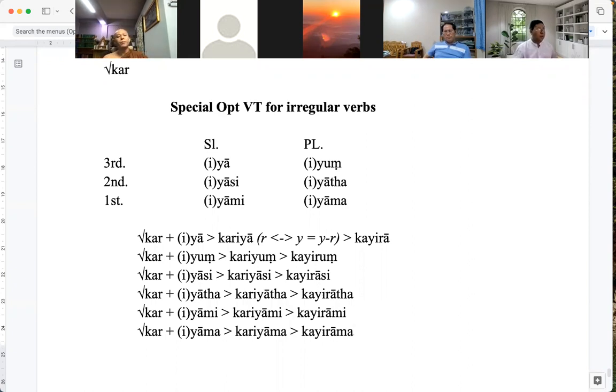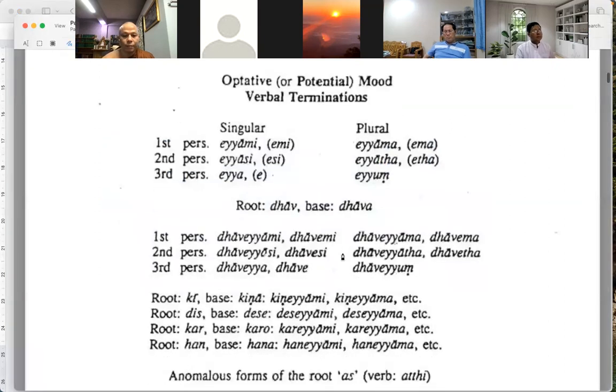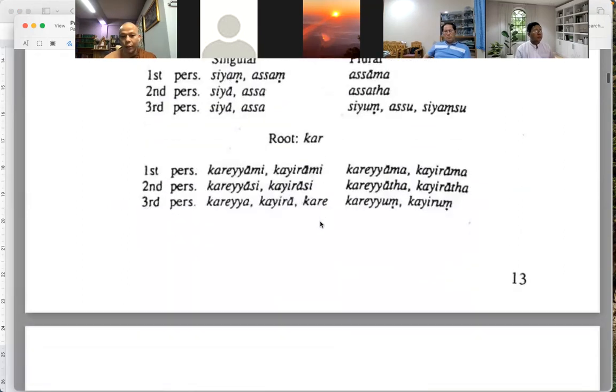So in this way, forming. So if you understand this point, and then if you remember these special verb terminations, you can form those easily. So kayira, kayiro, kayirasi, kayirata, kayirami, kayirama. So in Pali it is easy, you can see. So anomalous forms of root as, root as I will explain later.